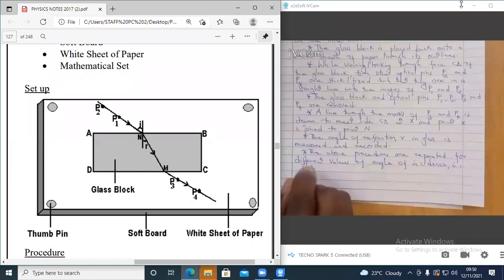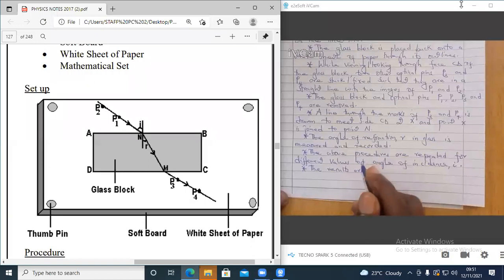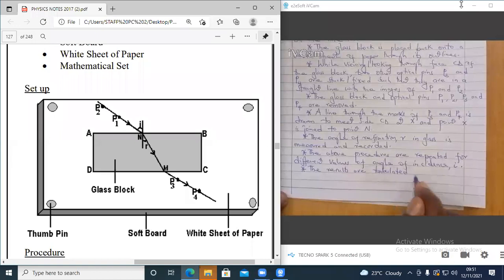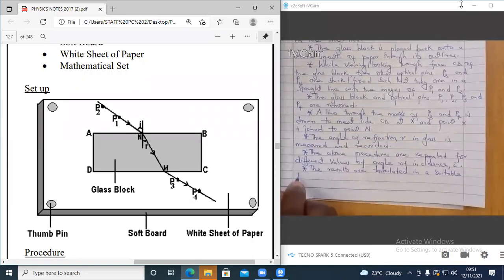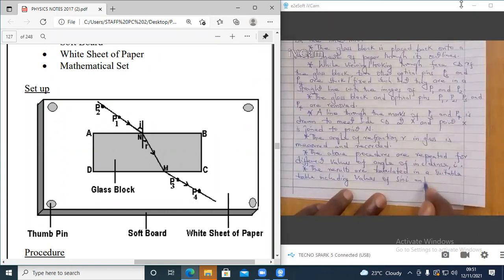Then the results are tabulated in a suitable table, including values of sin I and sin R. Why?